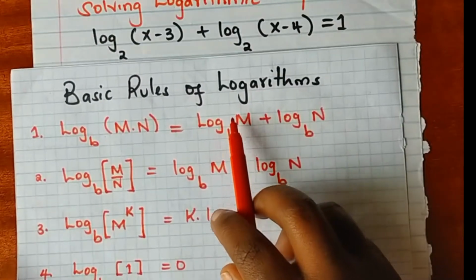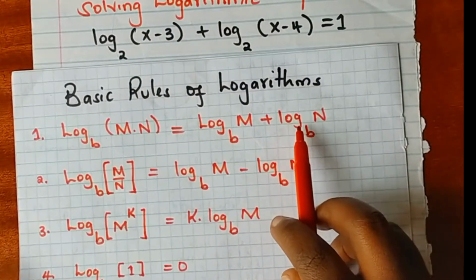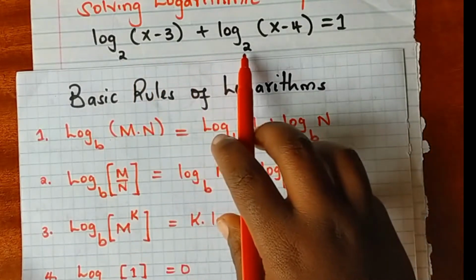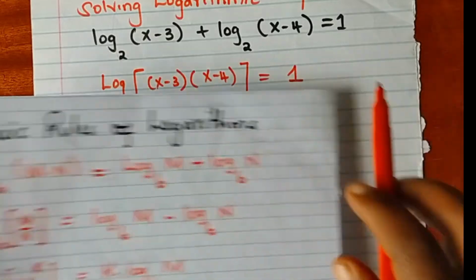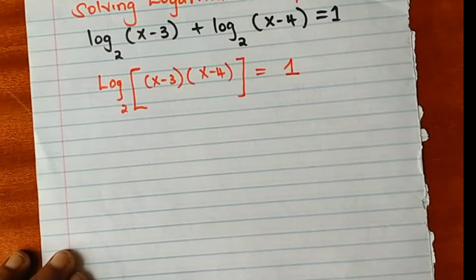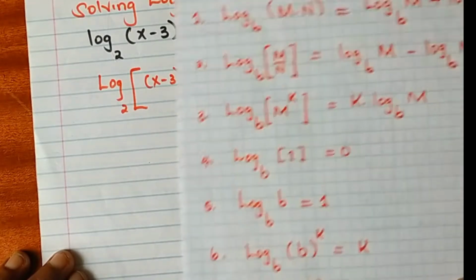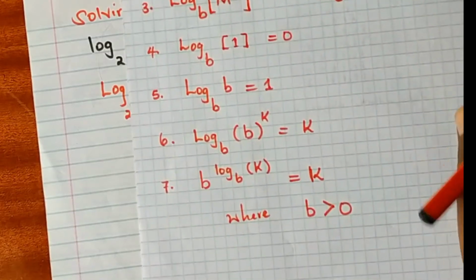So the log of m, which is x minus 3, added to the log of n, x minus 4, with the same base, base 2 here, should be equal to the log of the product of these two. Then we use log rule number 5.